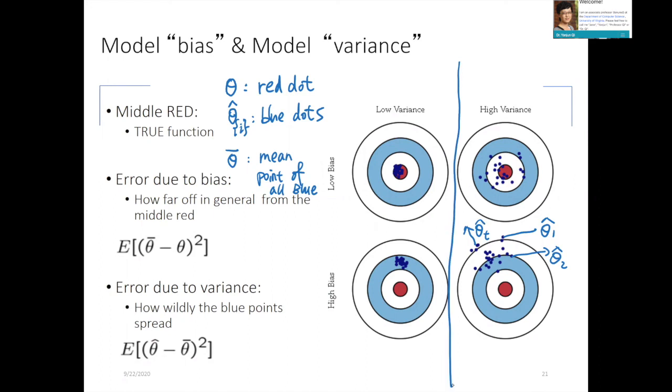All right, so let's first see what we mean by variance. Let's look at the first column. Variance is only about blue points. It's not about red points at all. Okay, keep that in mind. Variance is only about blue points.